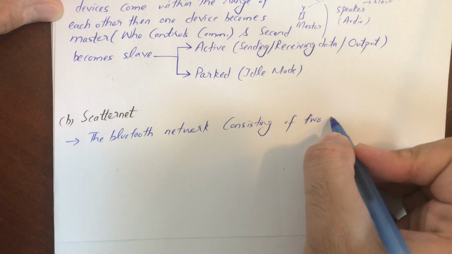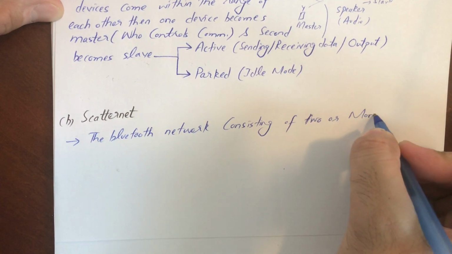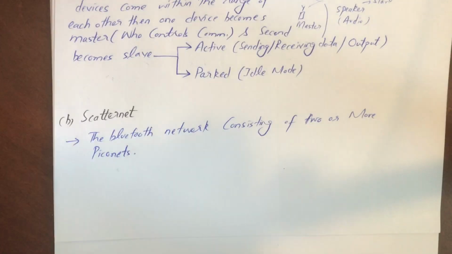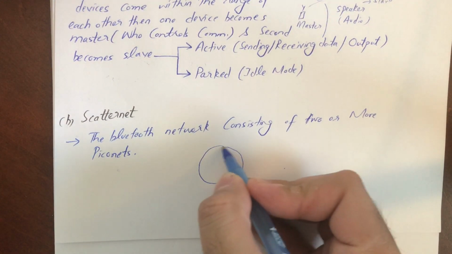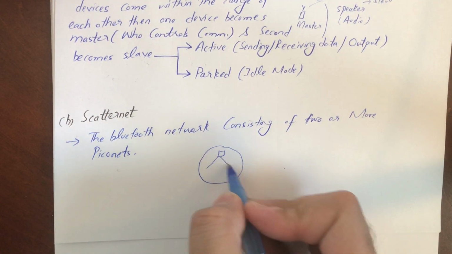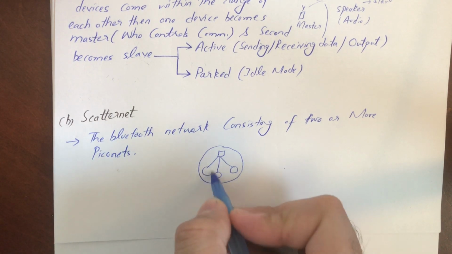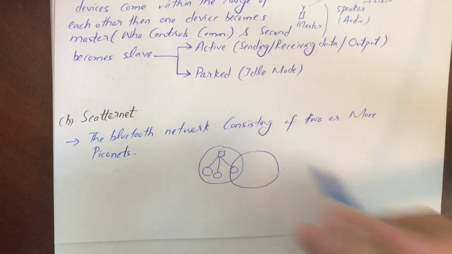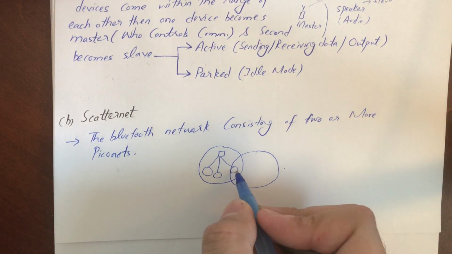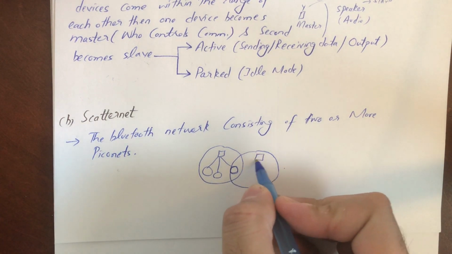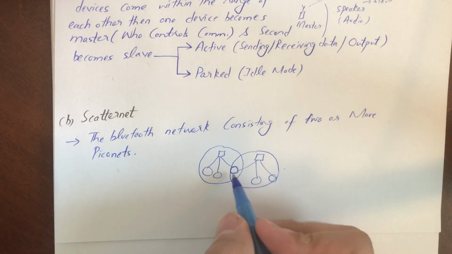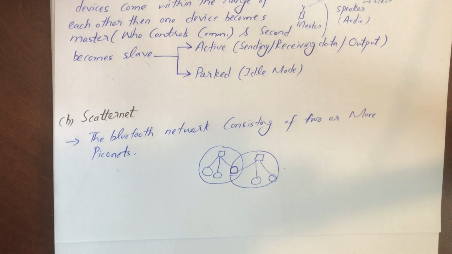two or more Piconets. For example, this is one Piconet where this is the master controlling these particular slaves, and the circle is for a slave. Then we might have another Piconet in the vicinity, and this particular slave is also serving this master as well, or it could be a master for the other Piconet. That is a kind of Scatternet.